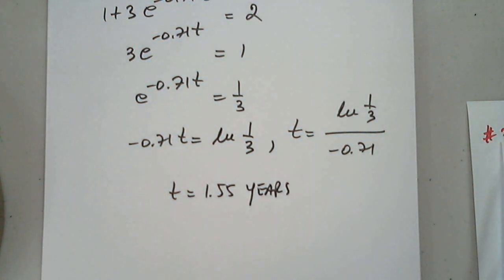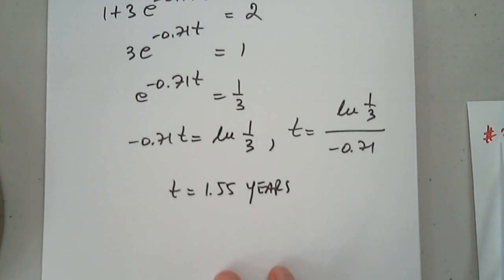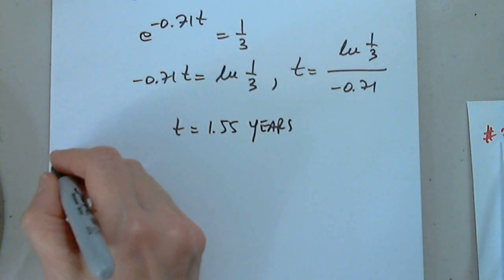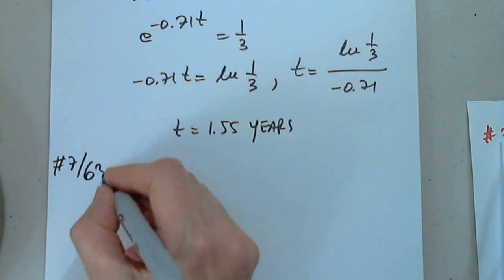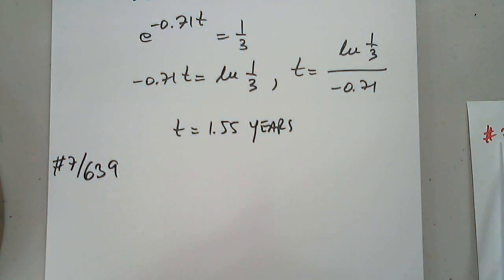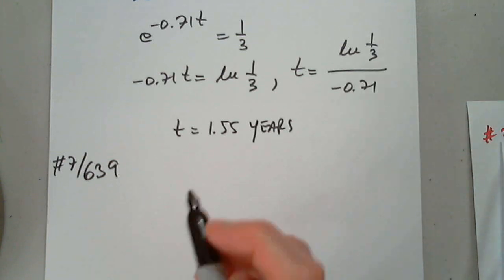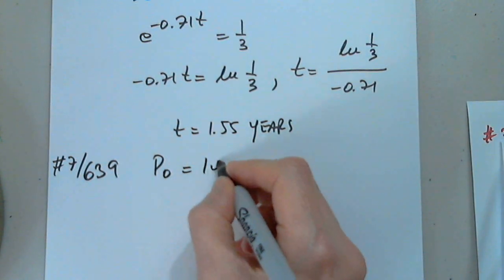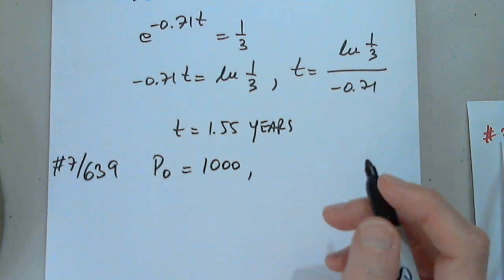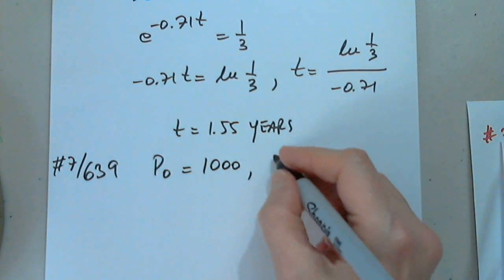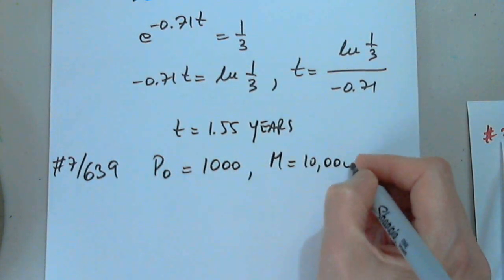Okay, so let's look at one more question. Problem 7, same page, 639. Suppose the population grows according to a logistic model, with the initial population 1,000 and carrying capacity, or maximum capacity, 10,000.